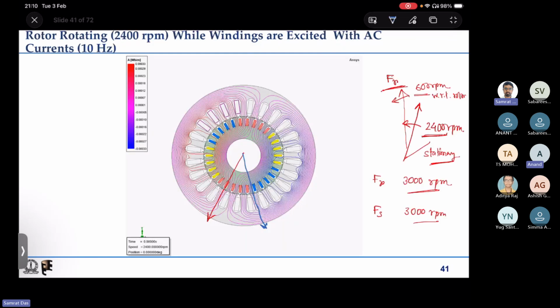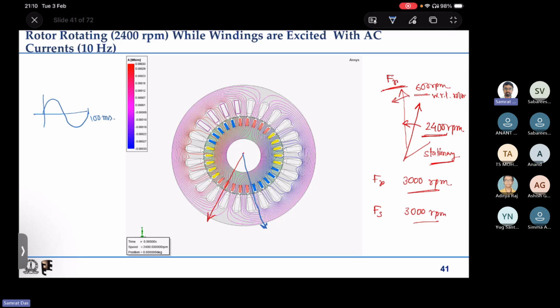Now, when I excite my rotor with 10 hertz current, there is no rotation, the field is just created and it runs at 600 rpm, correct?